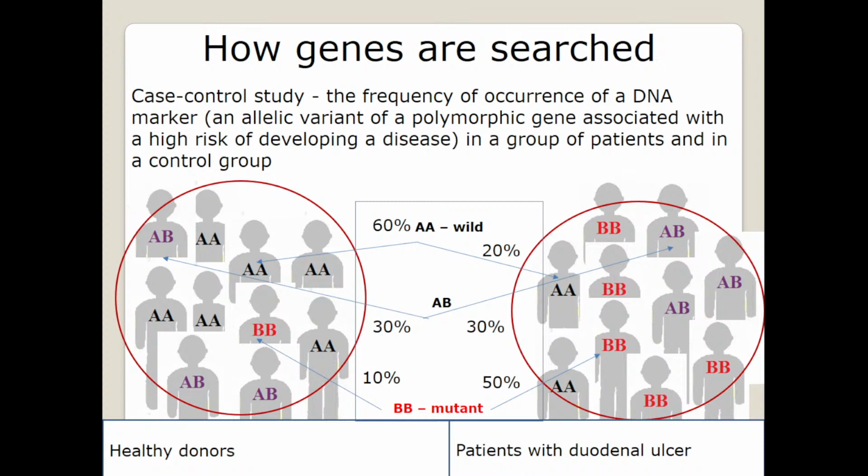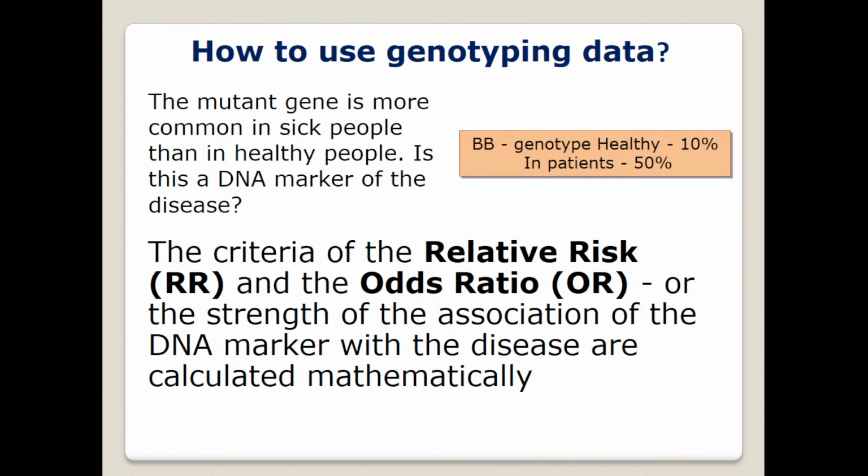And what we need to do is determine statistical evidence. This analysis we label with criteria: the relative risk RR and the odds ratio OR, or the strength of the association of the DNA markers with the disease, are calculated mathematically.